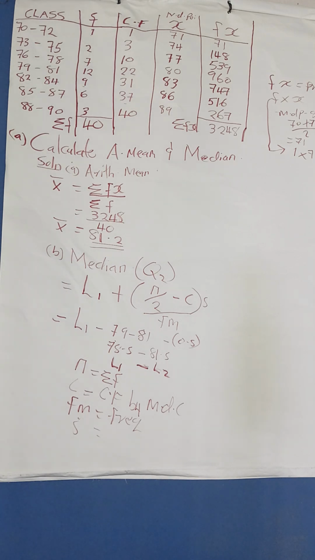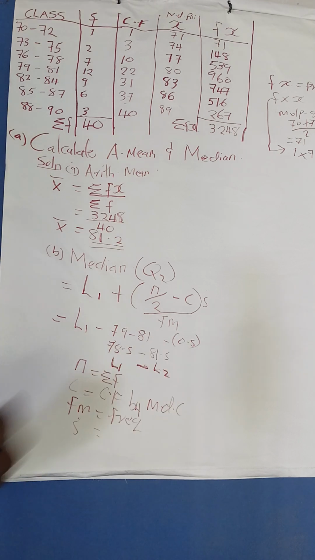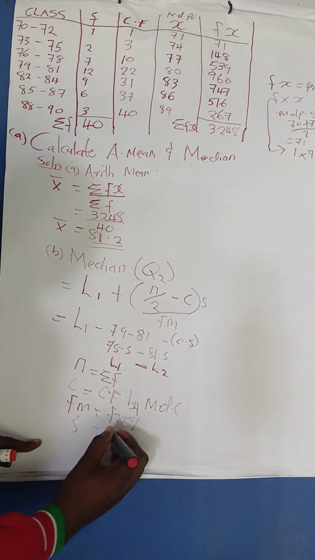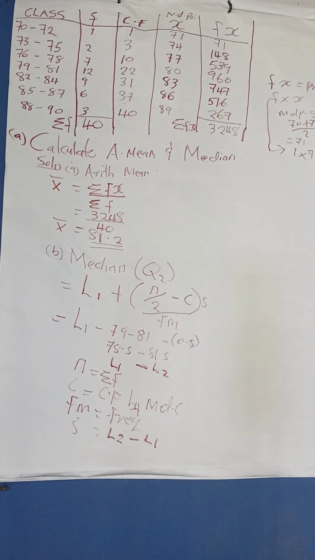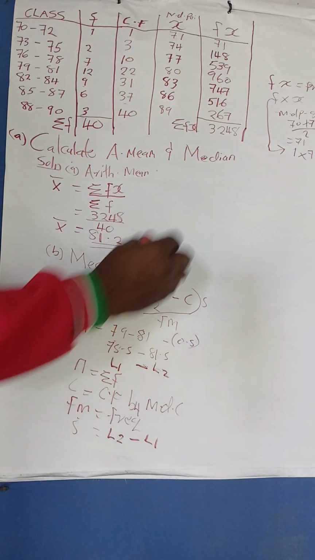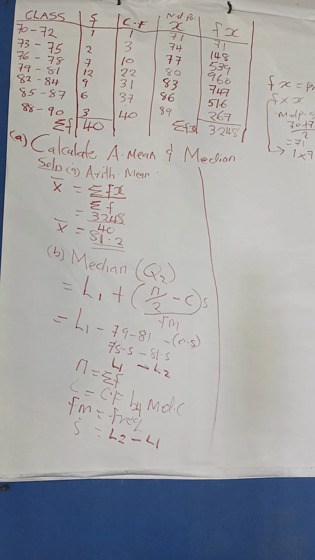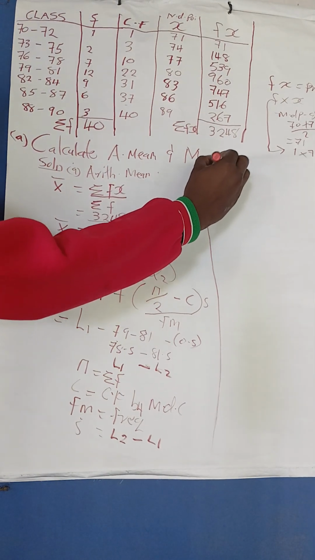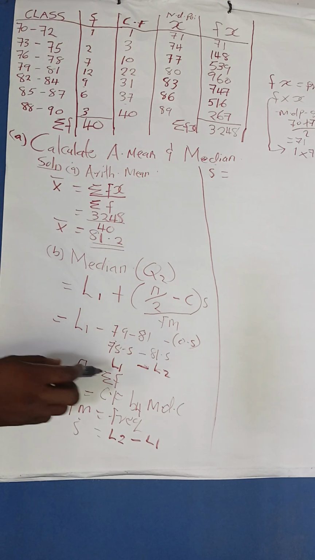Now how do we get I, the class interval? If you have done L1 and L2, to get the class interval you just subtract L1 from L2.